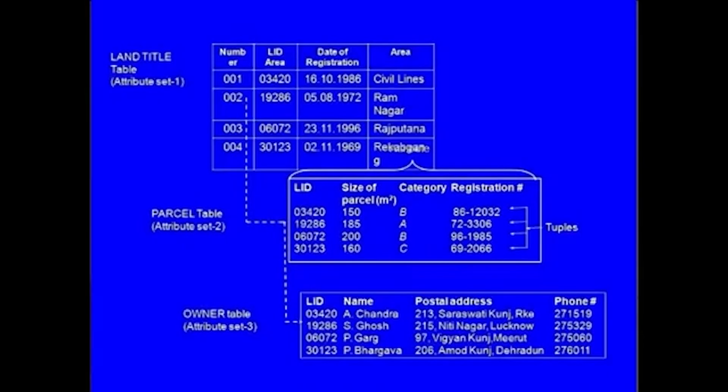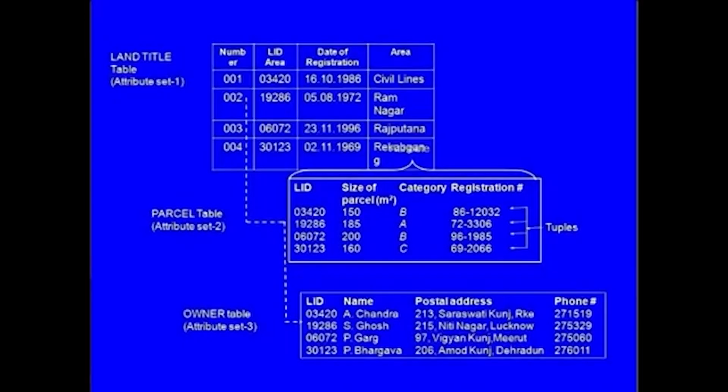In this particular slide, the relational data structure approach has been illustrated. So, it is a file related to land title, wherein it has various attributes, that is, what is the land number, what is its area ID, the date when this land was purchased by an owner, and its location.